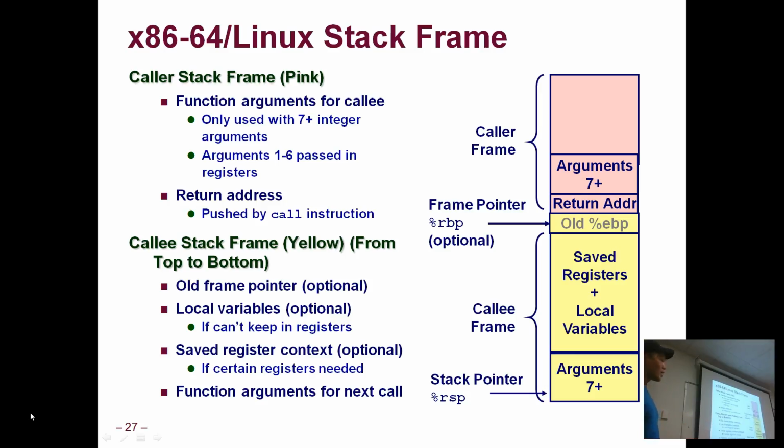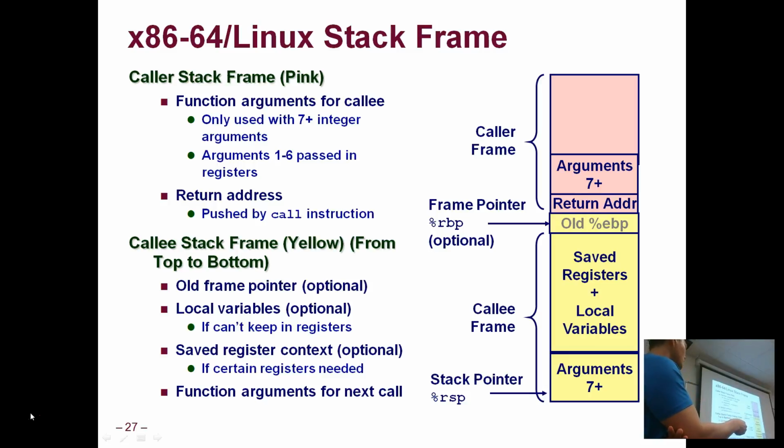Okay, so now we're going to go specifically into the 64-bit, or the x86-64 stack frame. And this is different than the 32-bit version. But for this class, all we're going to focus on is this thing. So here we are. The caller stack frame is in pink.